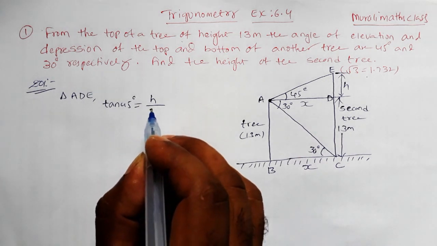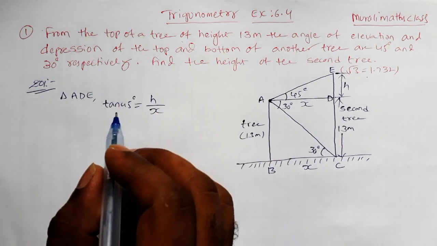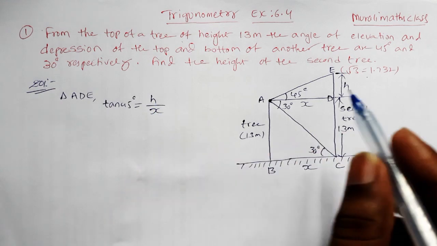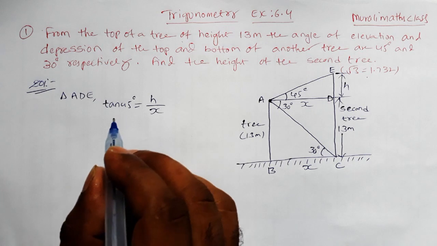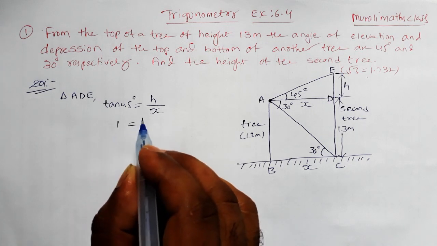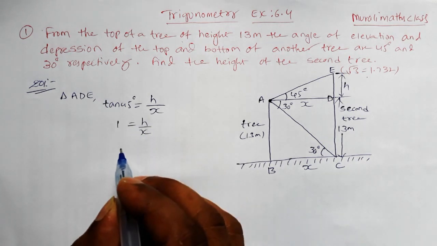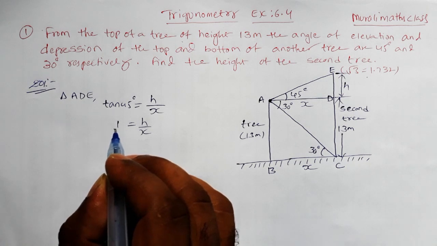So adjacent is X. Why I wrote H by X: tan formula is opposite by adjacent. Tan 45 is 1, so 1 equals H by X. 1 is written as 1 by 1.